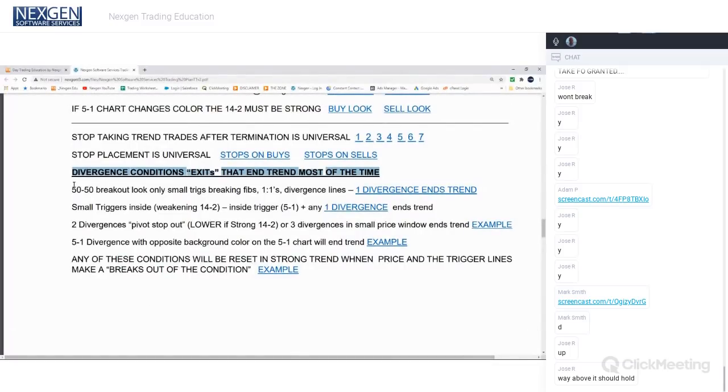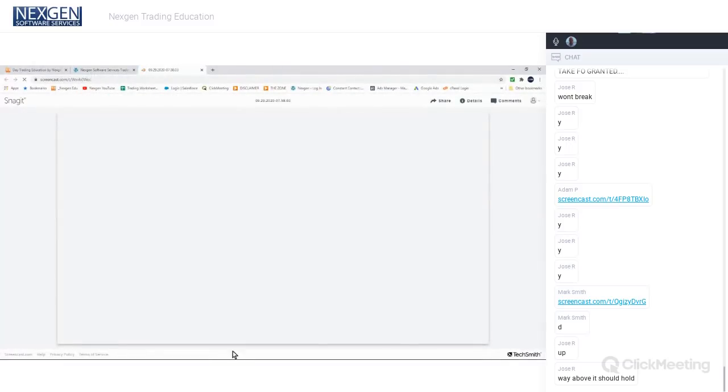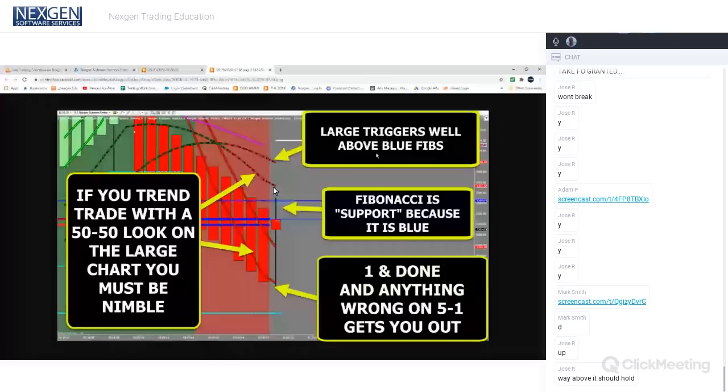So if we have a 50-50 breakout, it doesn't take much to have divergence in the trend, right? This trade.